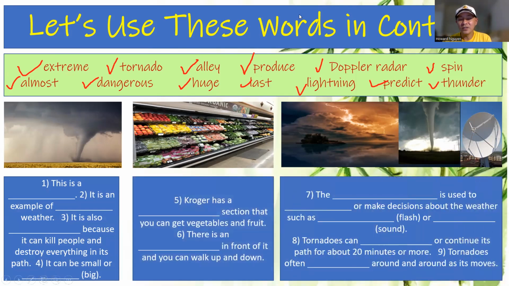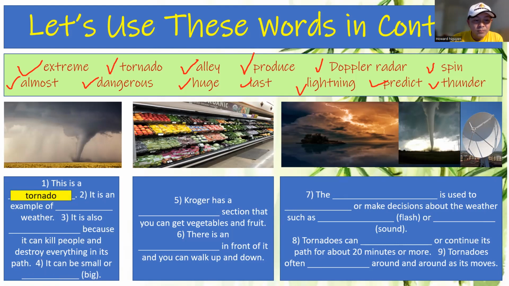So I'm going to give you a minute, or you can pause the video and try to figure out the context clue based on the image and determine what word goes into the line. So the first one, this is a tornado.